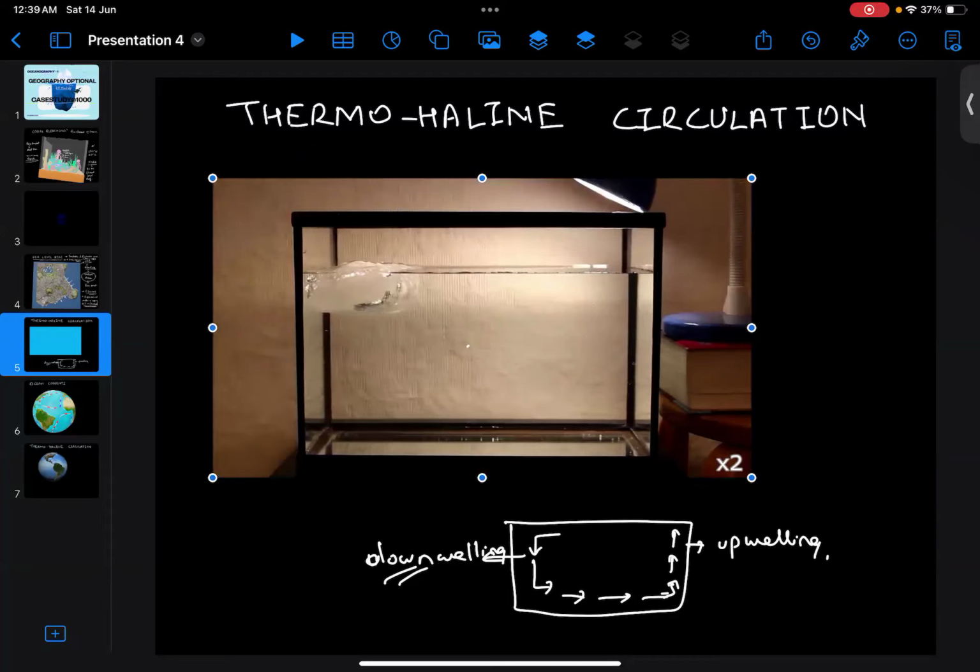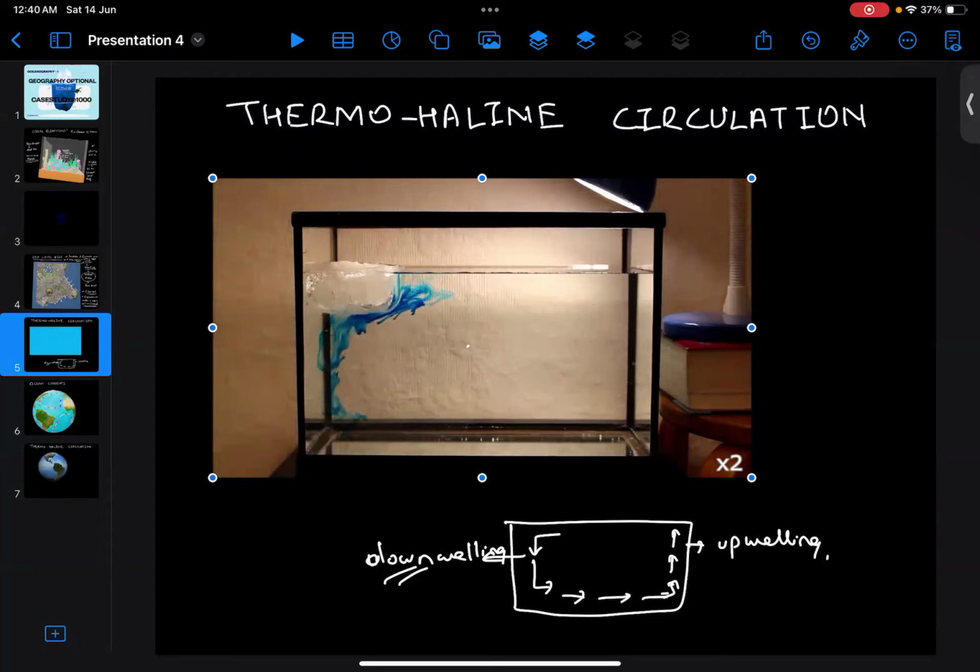Let's restart it. So here we can see that the blue ink is moving towards the other end. It is flowing along with the water.